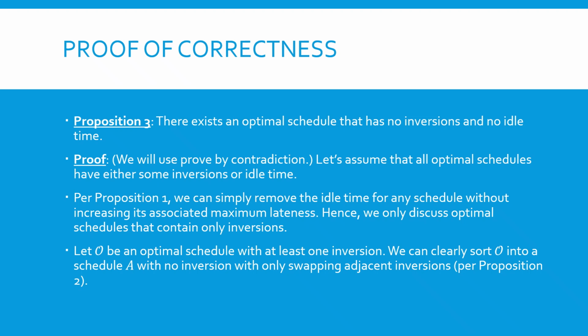Let O be an optimal schedule with no idle time, but with some inversions. By proposition 2, all inversions in O can be removed by repeatedly swapping adjacent inverted job pairs. This process produces an inversion-free schedule.